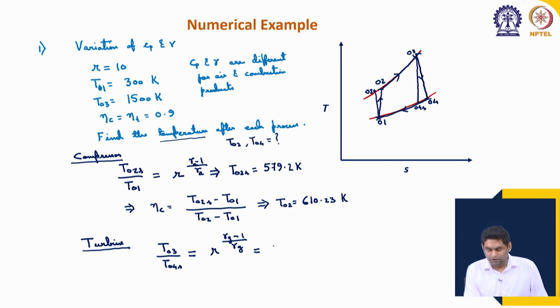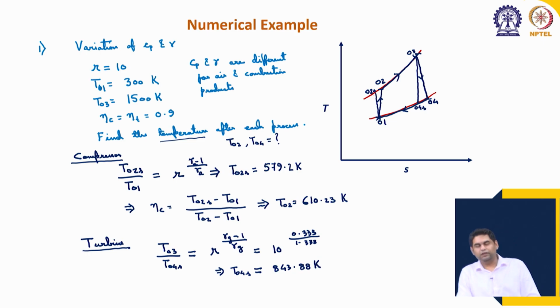So, this is 10 to the power 0.333 by 1.333. Okay. So, this will give us the value of T04S, which comes out equal to 843.88 Kelvin.